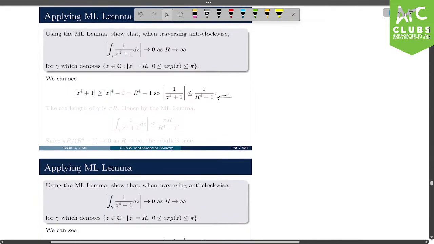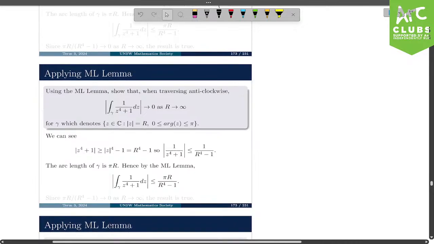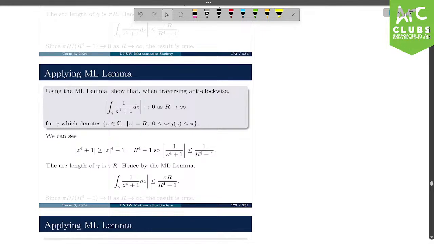And then ML lemma, we go ahead and say that, okay, well, given this instance, I have determined the maximum value. Since we're on a semicircle, it's going to be the same maximum value every time. And that maximum value is given by the reciprocal of r to the 4 minus 1, okay? Multiplied by the length, pi r, lovely stuff.